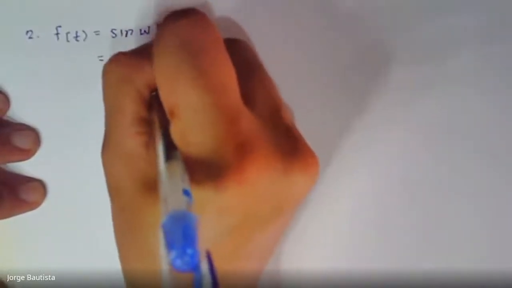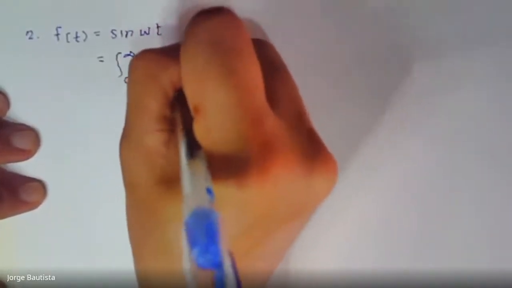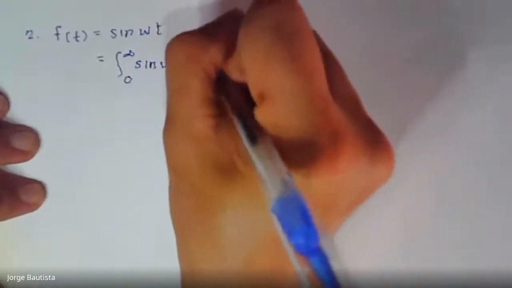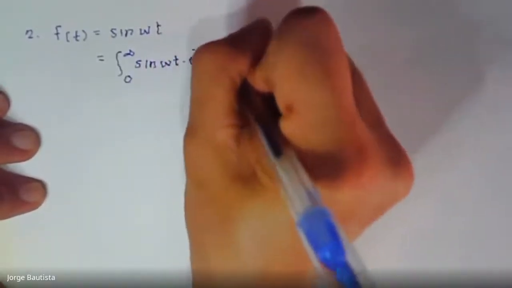Okay, so this one is the integral from 0 to infinity of f of t, which is sine omega t, multiplied by the factor e raised to negative st dt.